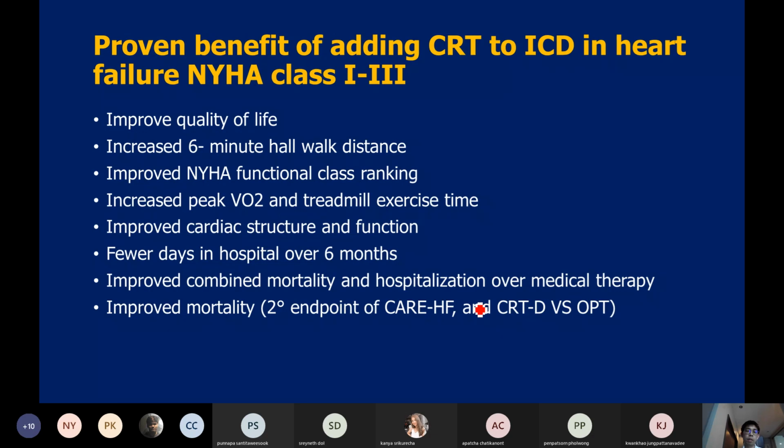It decreased the days of hospitalization. And the most important thing is that the CRT improves mortality of the patients and also improves combined mortality and hospitalization over medication. So if the patient has an indication for CRT, it would lead to fewer deaths in this group of patients.